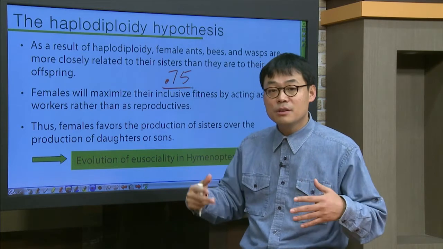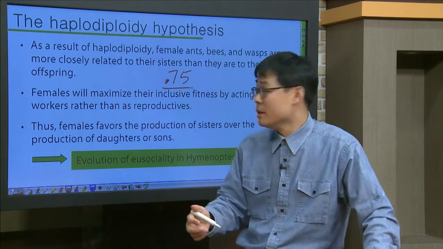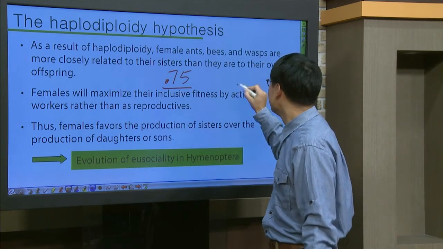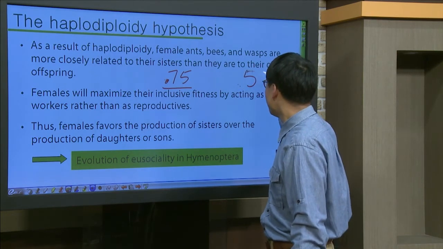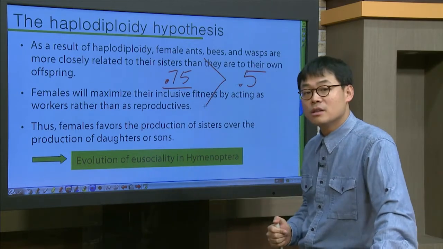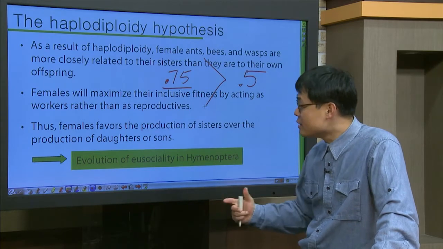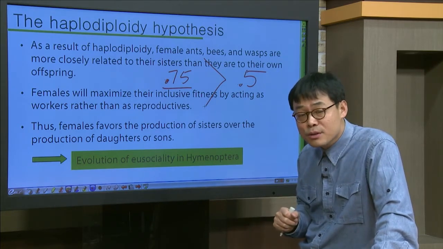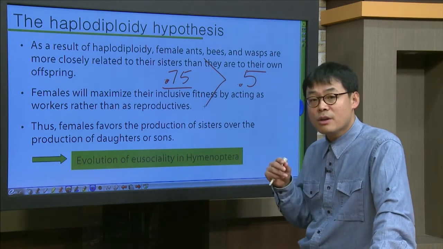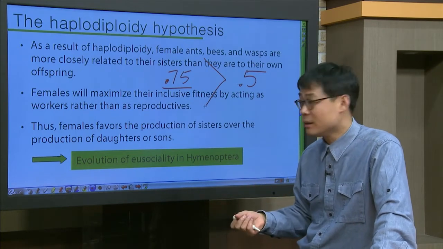But again, if you just reproduce on your own, then the genetic relatedness between you and your daughter is only 0.5, and this difference is huge. So instead of reproducing on your own, you just help your mother to reproduce your sisters a lot.